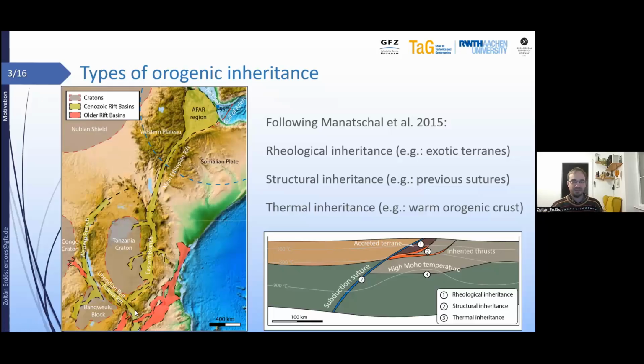And then finally, thermal inheritance is the most challenging one to locate and give a good example of, partly because it's very complex in nature. When you have an orogen, when you have a subduction zone, you might be bringing down cold material to depth, so you might end up initially with a cold lithospheric structure.